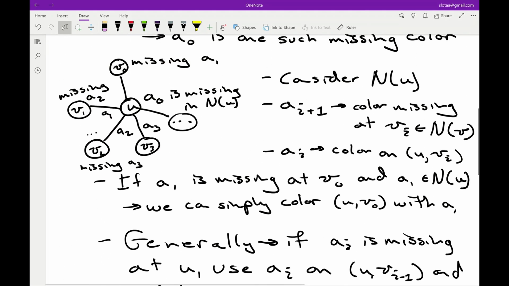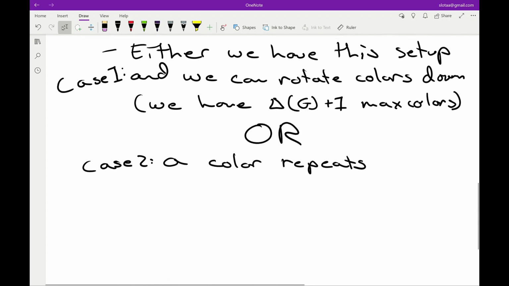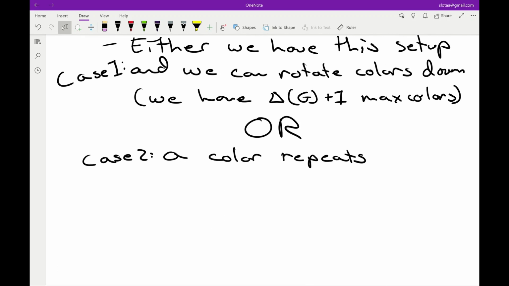That's assuming every single vertex in the neighborhood is missing some specific color. But in case 2, some vertex within the neighborhood of U has a missing color that repeats.